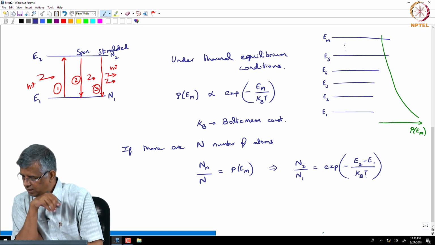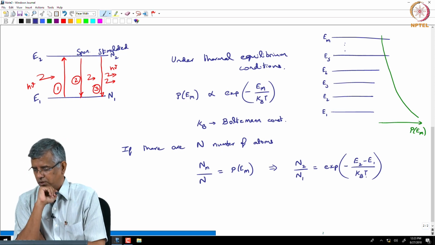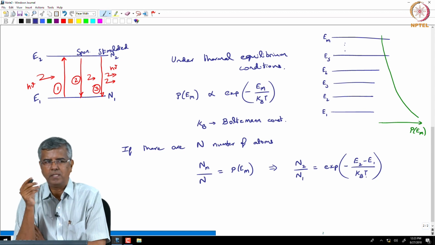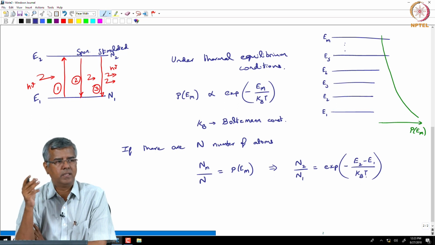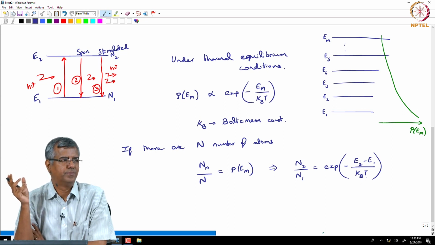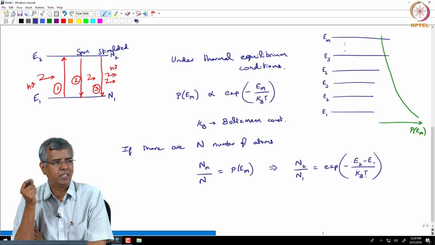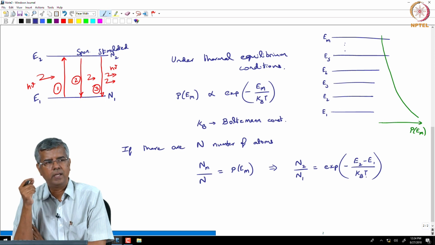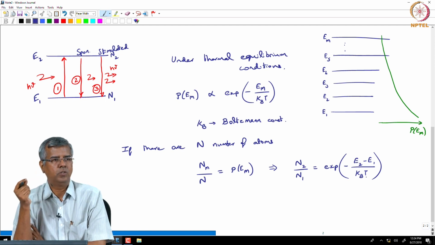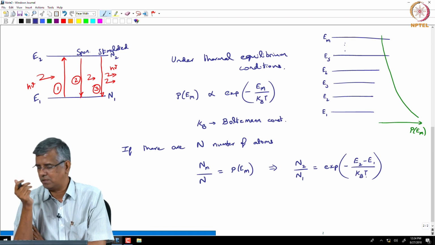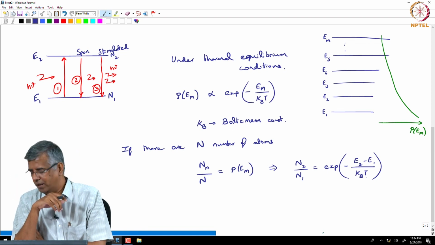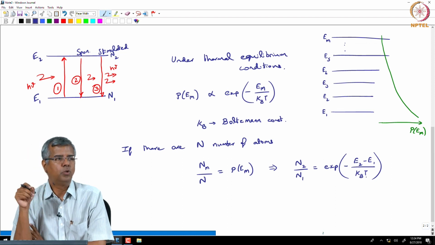And let us look at that for a second. What it says is that if E2 minus E1, let us say it is 100 milli electron volt, if that is the energy difference. If I am at room temperature where kBT would correspond to about 25.6 milli electron volt, then N2 will be far less than N1.